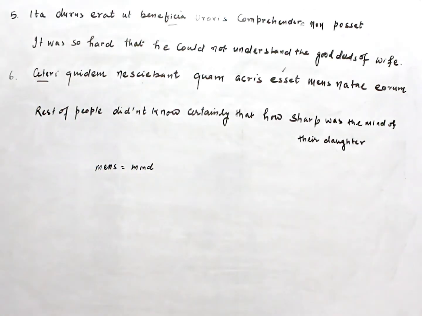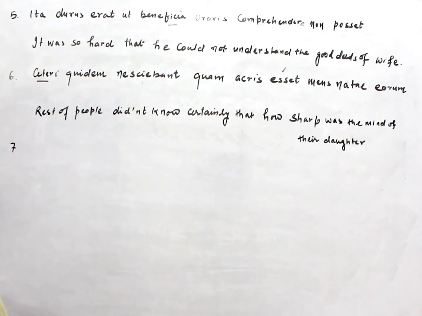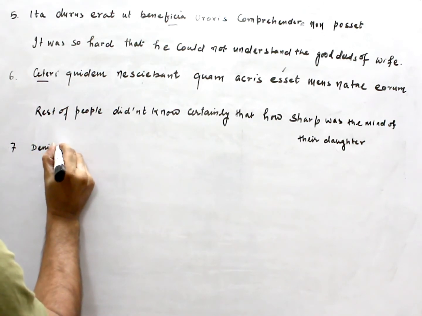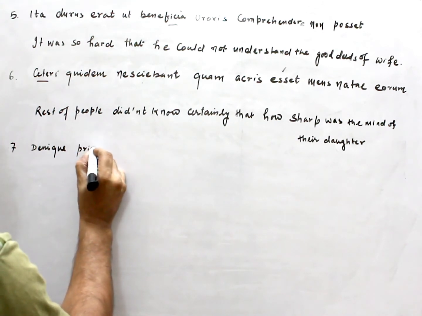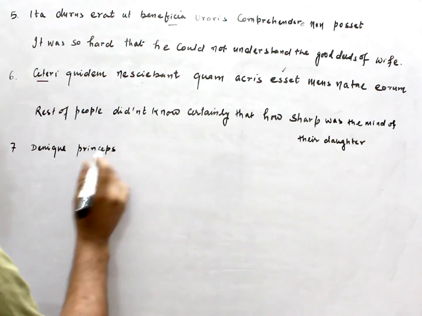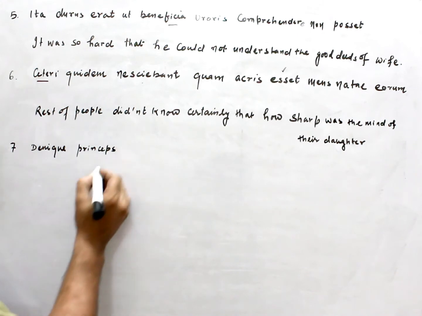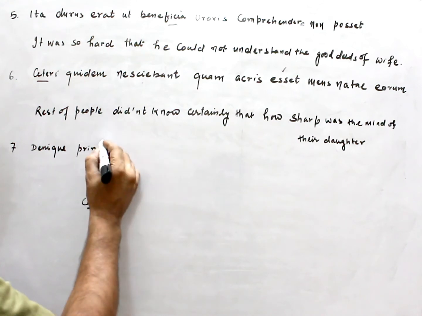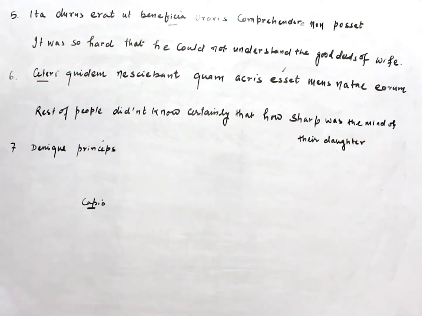So number 7. Denique, princeps, who takes first? Cap is from caput. So who takes first, that can be prince or the chief, such type of meaning.